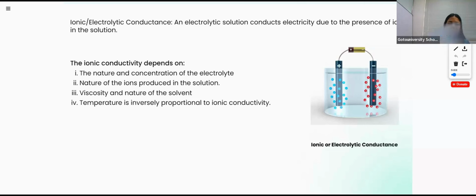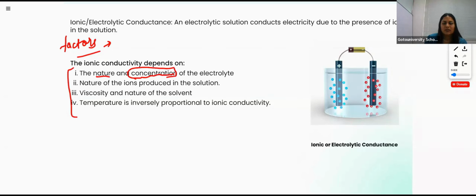So after reading this, let us move on to our next topic, the electrical conductance and the factors on which it depends. What are the factors on which the electrical conductance of an electrolyte solution depends? It depends on four factors: the nature and concentration, which is very important, of an electrolyte.